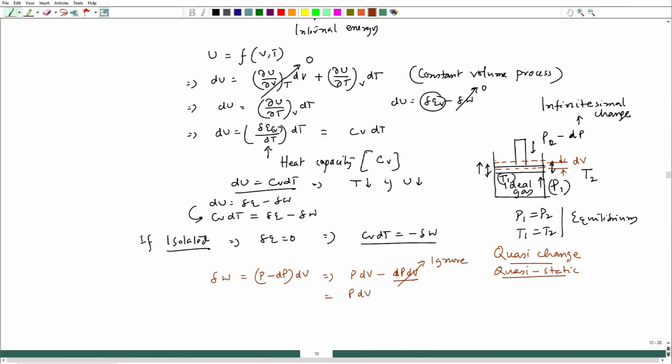Now, all those quasi-static changes that are taking place, for example from state 1 to state 2, the system goes under the influence of quasi-static change. So, it is experiencing a reversible change. Reversibility is nothing but the system does not leave the equilibrium surface.